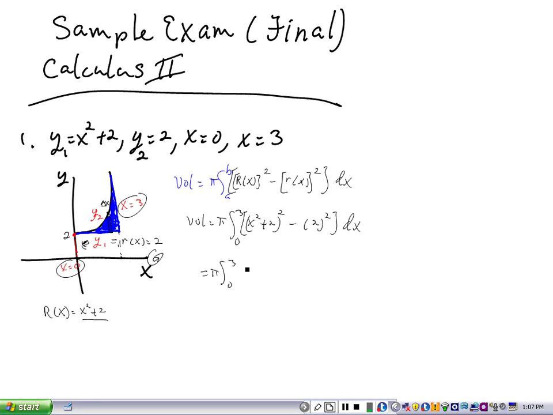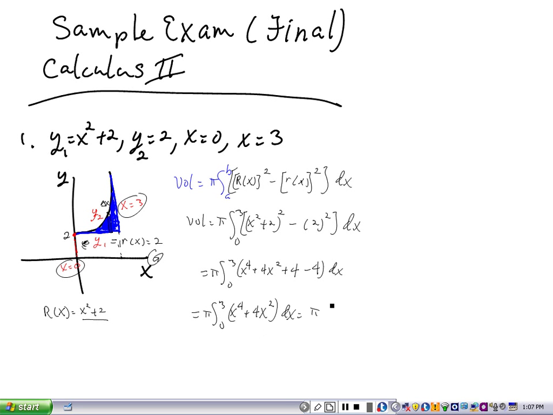Here we simplify this out: you get x to the 4th plus 4x squared plus 4 minus 4, dx.